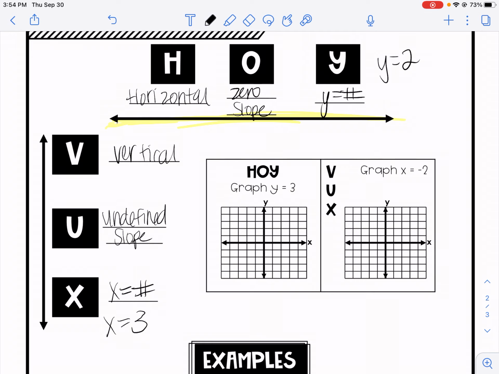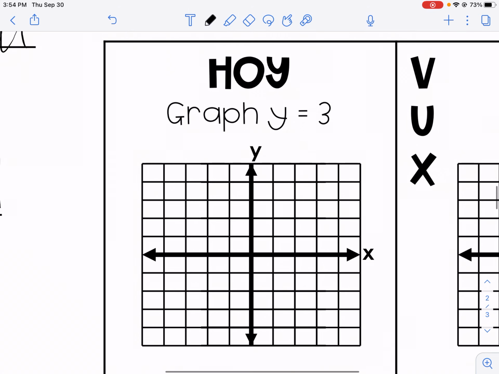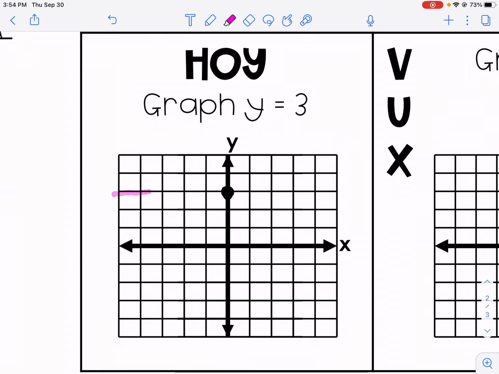Okay, and so how we graph those, let's look at our horizontal, our HOY, at 3. We're going to go to 3 on the y-axis right here, and I'm going to graph it in pink so that you guys can see really well. And horizontal 0 slope, we just have to draw a horizontal line at 3. It means that all our y values are 3.